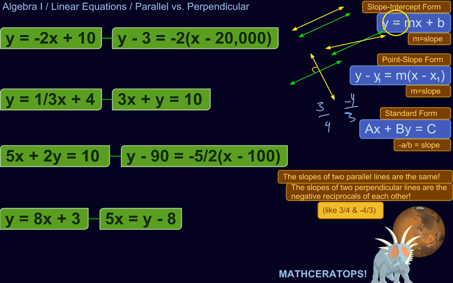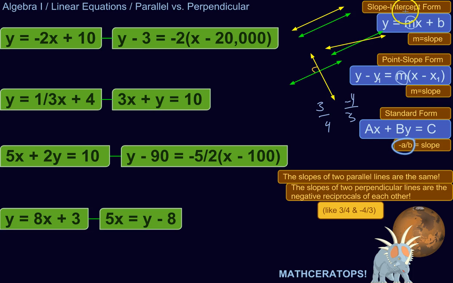If it's in slope-intercept form, y equals mx plus b, this number m represents the slope. If it's in point-slope form, where y minus something equals something times x minus something, this number represents the slope. And if it's in standard form, you can rearrange it into slope-intercept form, or just remember this little shortcut: the slope is -a over b, which is what you'd get when you rearrange into slope-intercept form.